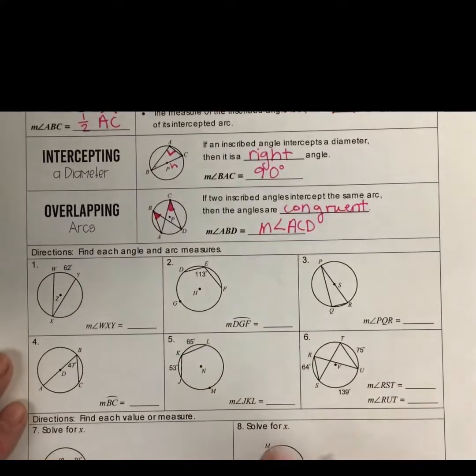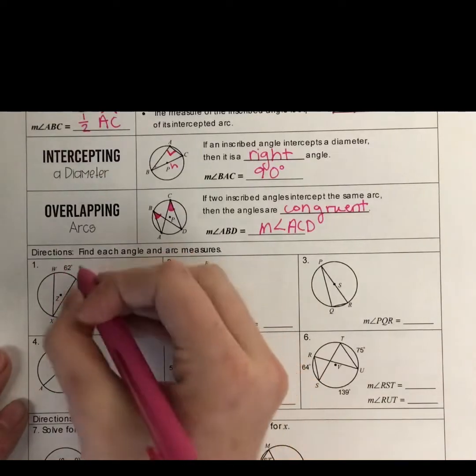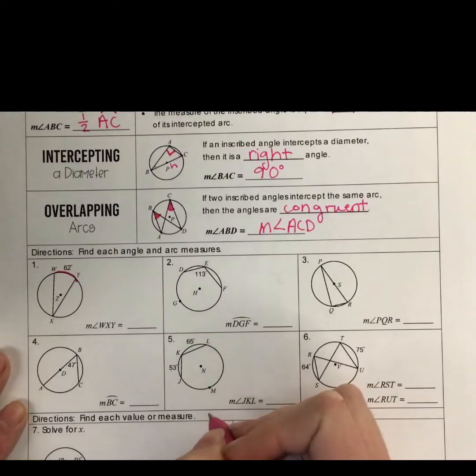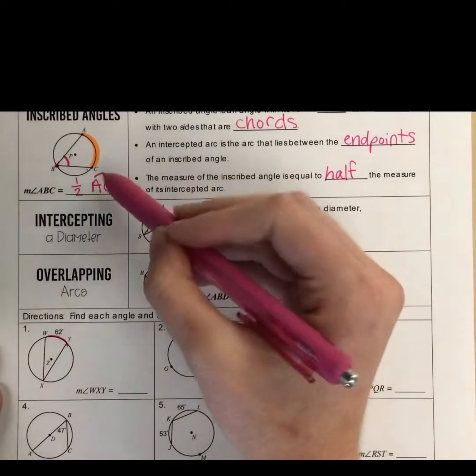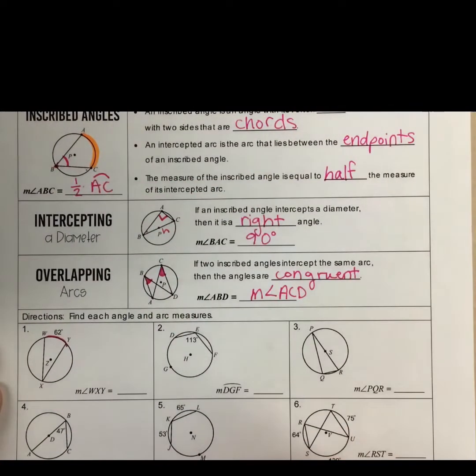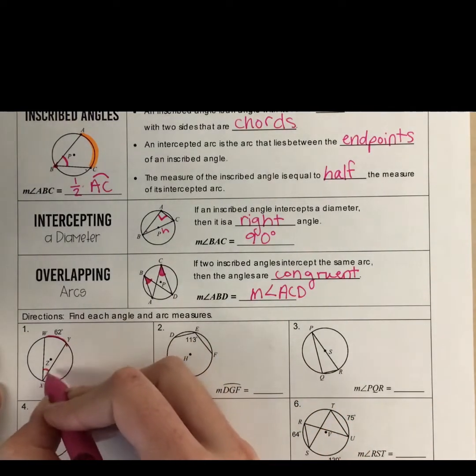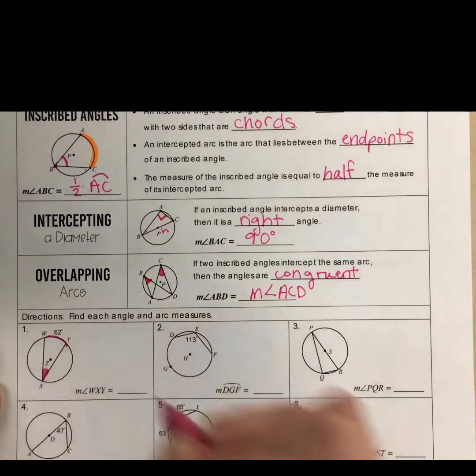So for this first problem here, we're given that our arc measure from W to Y is 62 degrees. Well, we can use our first equation that we have here to say what angle WXY is going to be. So that's this angle here.